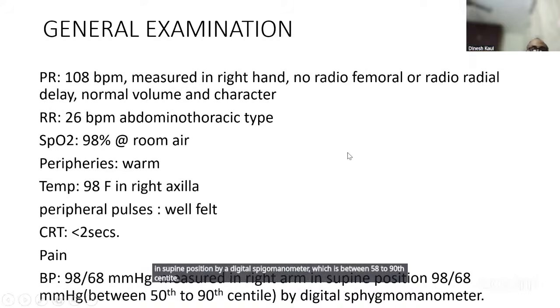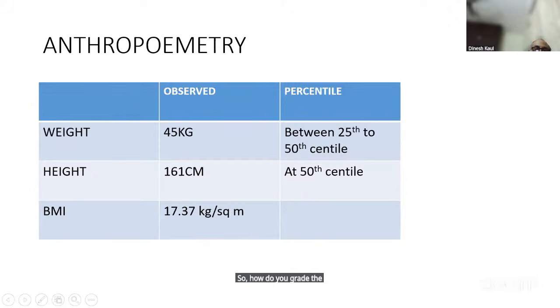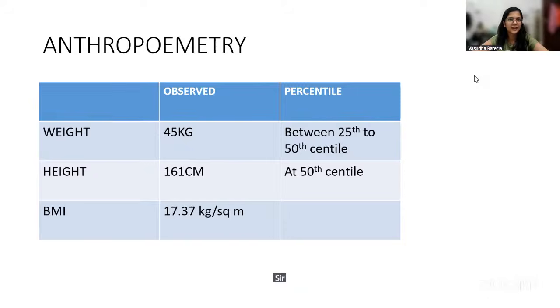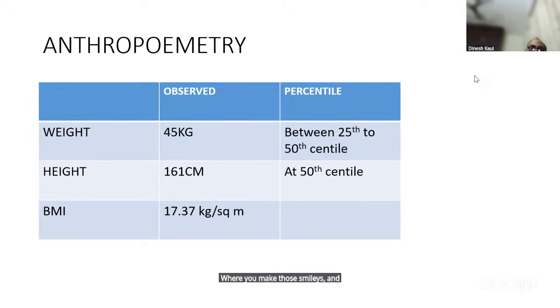So how do you grade the pain score? If I were to grade from 0 to 10, what is the name for this pain score? It's the visual analog scale, where you make those smileys, the typical smiley faces.